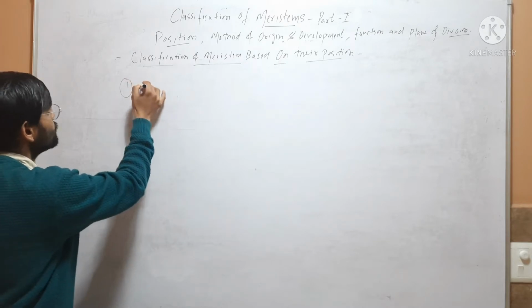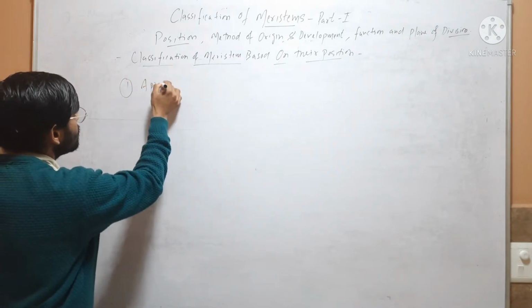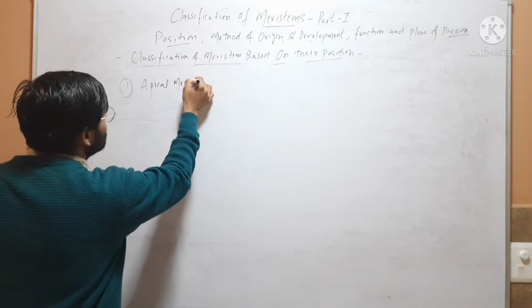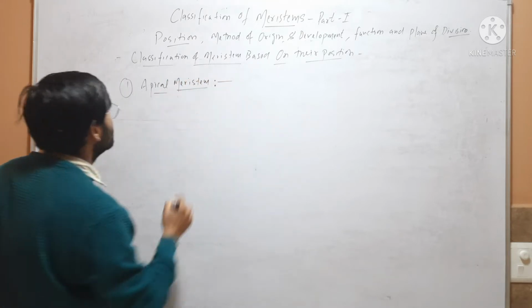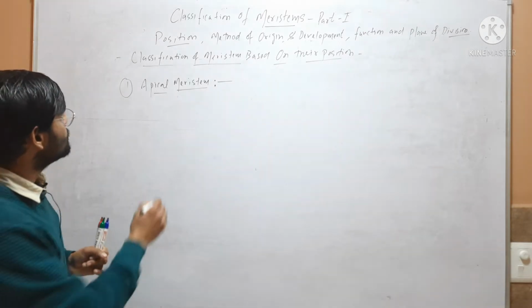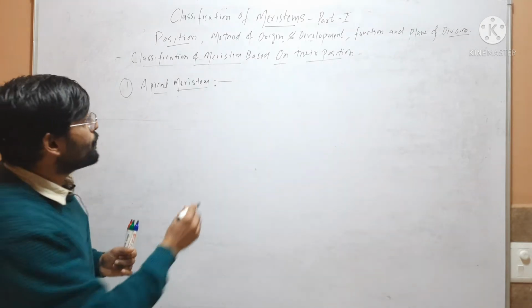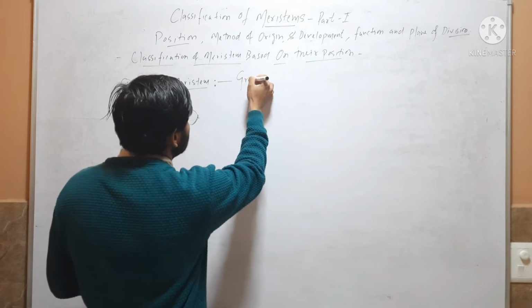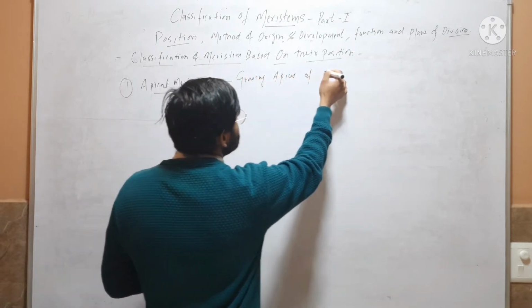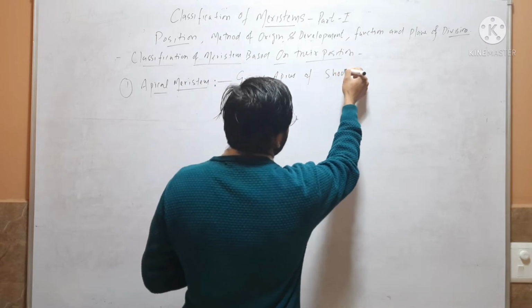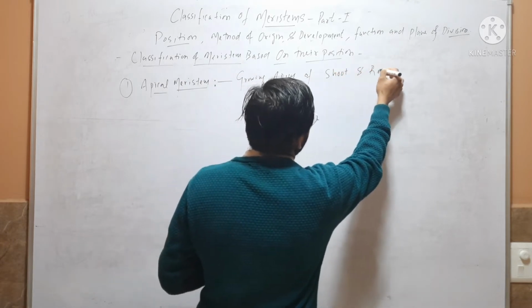First is apical meristem. This is a meristem that is present in growing apices of shoot and root.